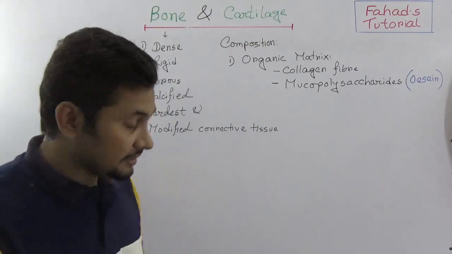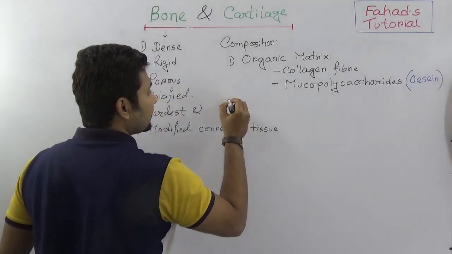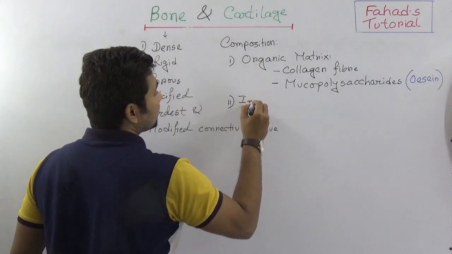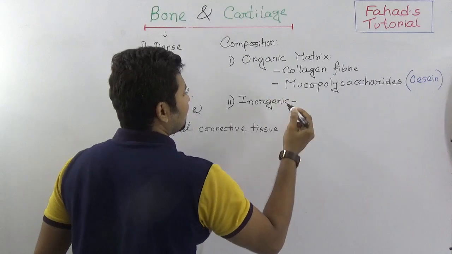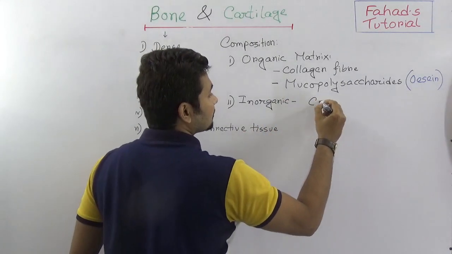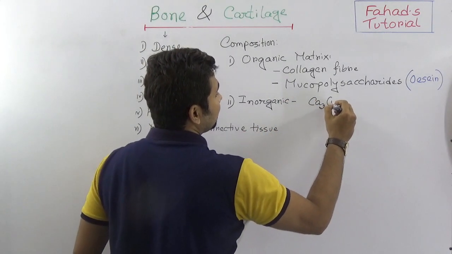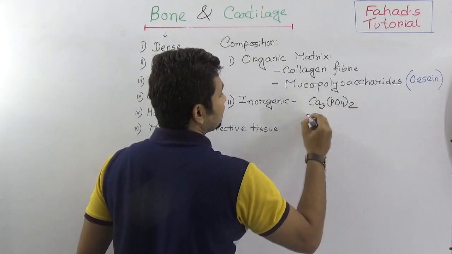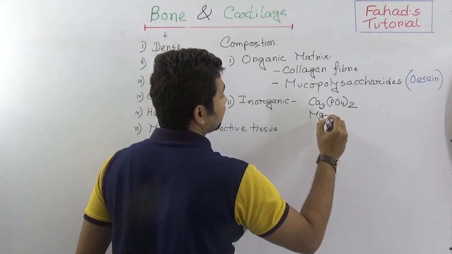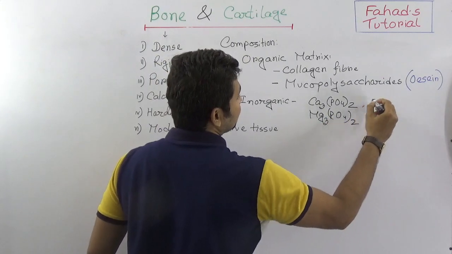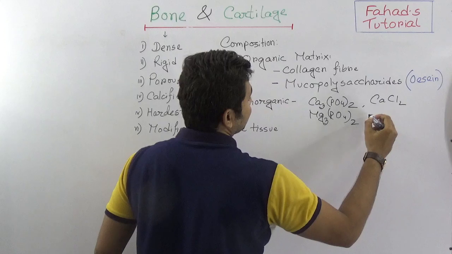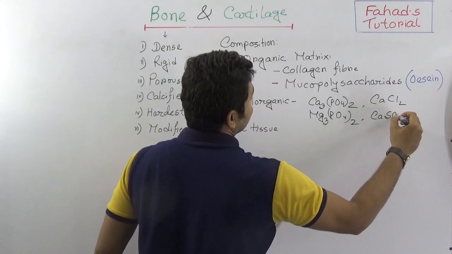And in case of inorganic materials, it can be calcium phosphate, Ca3(PO4)2, magnesium phosphate, Mg3(PO4)2, and even calcium chloride and calcium sulfate.